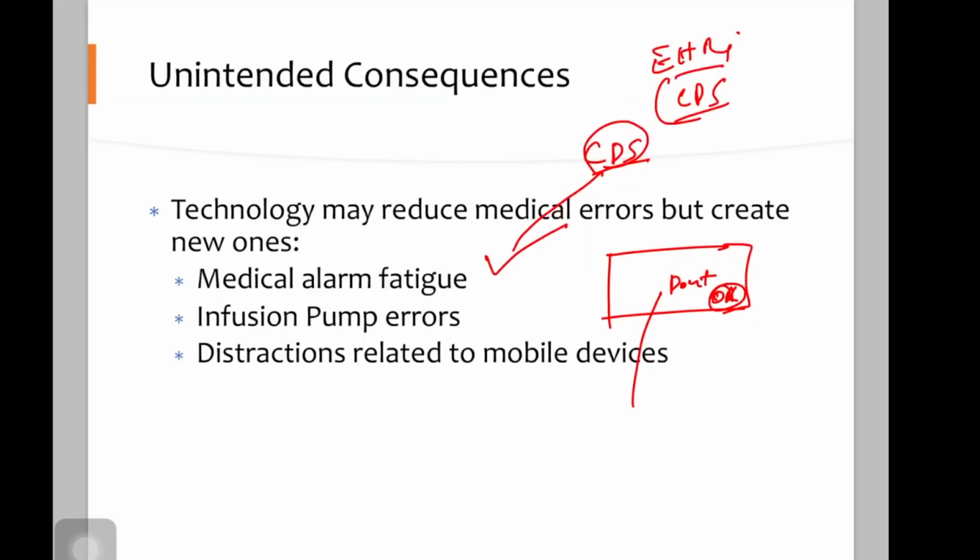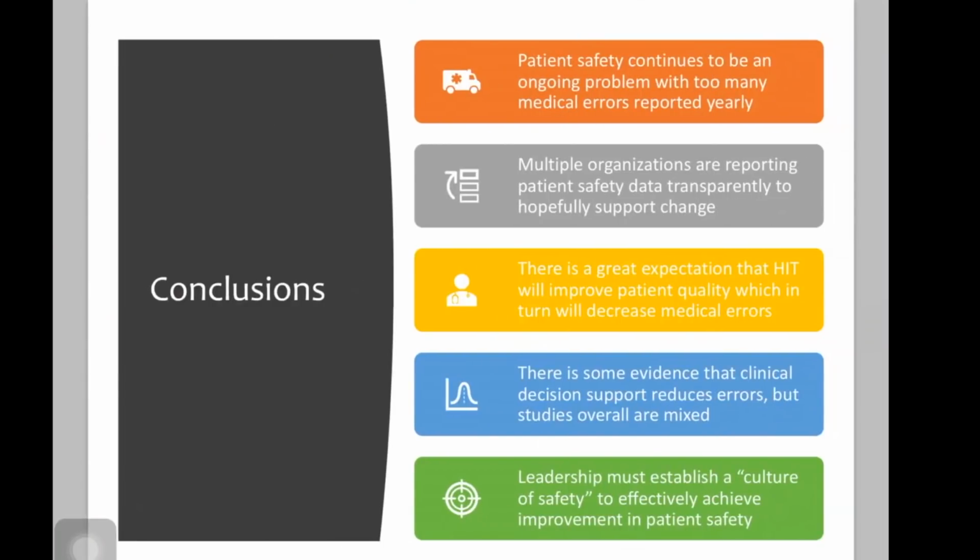So this needs to be addressed if we would like to use these healthcare IT technologies. Then issues with the infusion pump, issues with the hacking of electronic healthcare systems, and issues with the training involved for different medical systems are still issues that could lead to medical errors and need to be addressed. So to conclude, we can say patient safety continues to be an ongoing problem, with too many medical errors reported yearly.